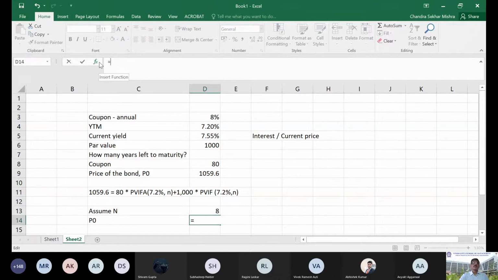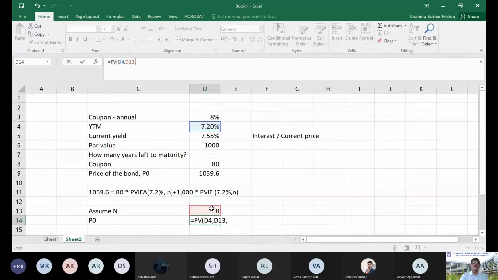So I say PV. First we take the PV annuity of the coupon or the interest. In the PV formula, first I require the rate. Then I require how many periods, which I am assuming is 8. Then I require how much coupon I get, how much amount I get per period.